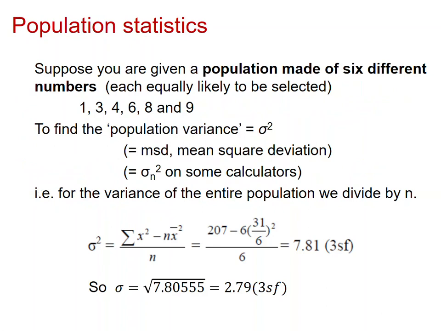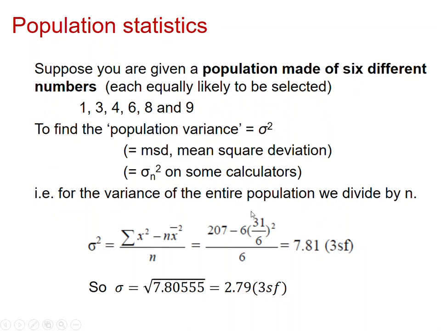So to look at the difference between these two calculations, here's the first example. Consider that we have a population made entirely of 6 different numbers, just these 6: 1, 3, 4, 6, 8 and 9. We want to find the population variance, in other words, the variance of every single number in the population.